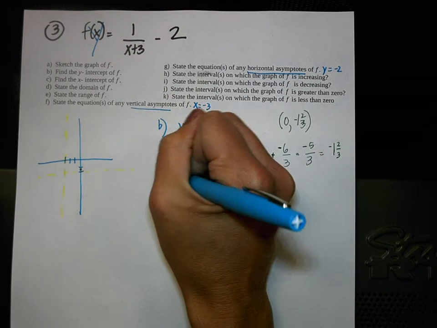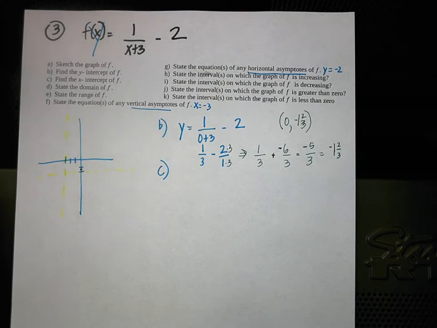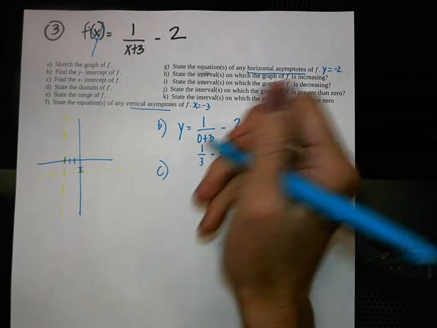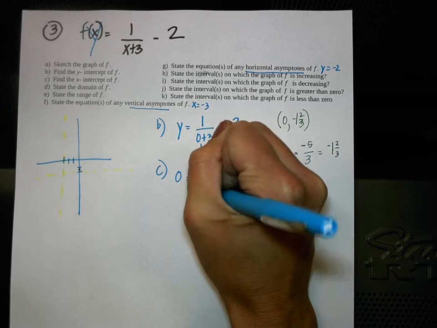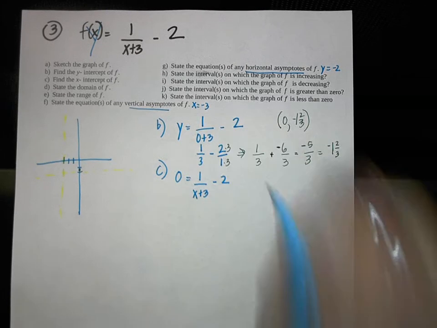Next, we're going to go to C, which is finding our x-intercept. And so we find our x-intercept by doing what? Plugging in 0 for y and solving for x. So we get 0 equals 1 over x plus 3, minus 2.